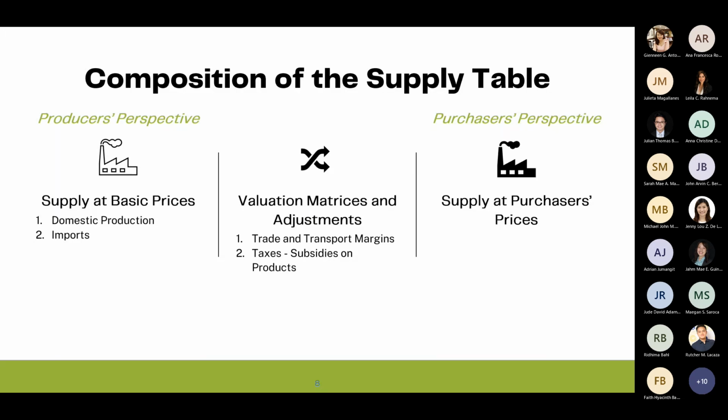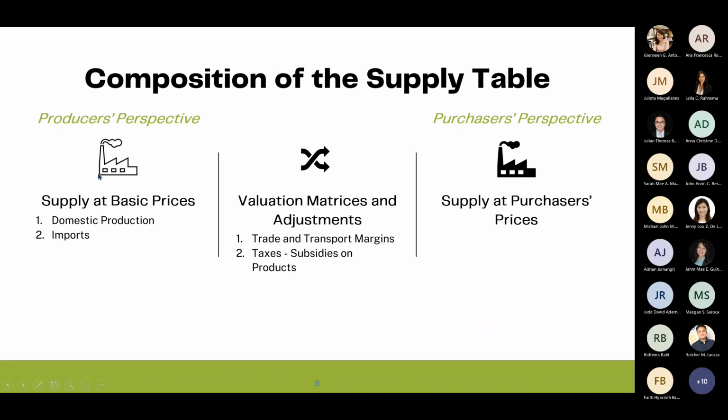Now for the composition of the supply table. The valuation of supply initially is at basic prices, while the expenditure where one already purchases such supply is normally recorded at purchasers' prices. So from the purchaser's point of view, we have here at the right, the purchasers would then be buying products, and these products will already include the margins and taxes in the price.